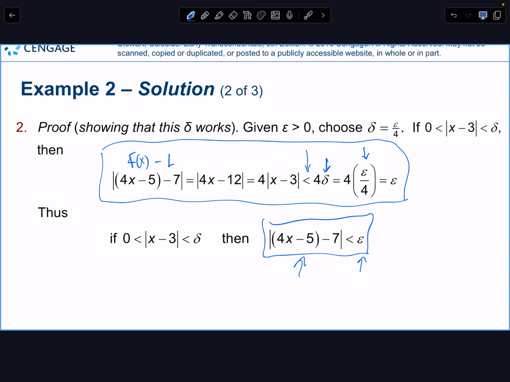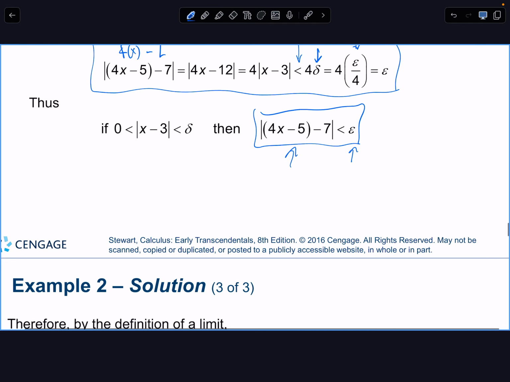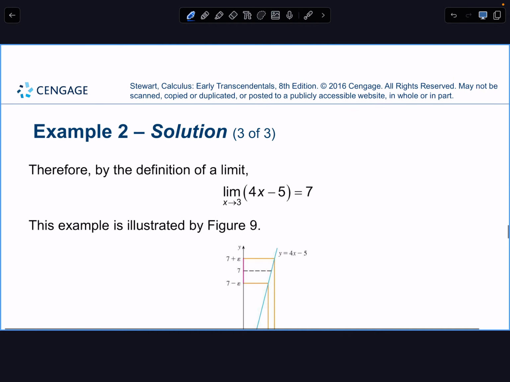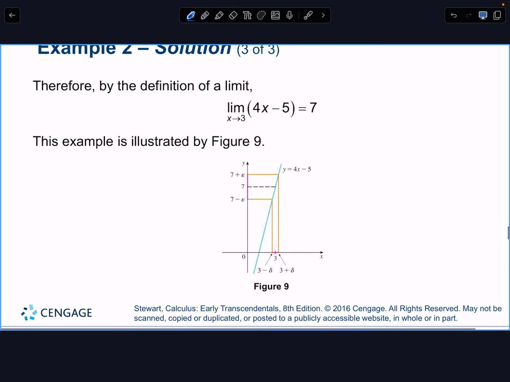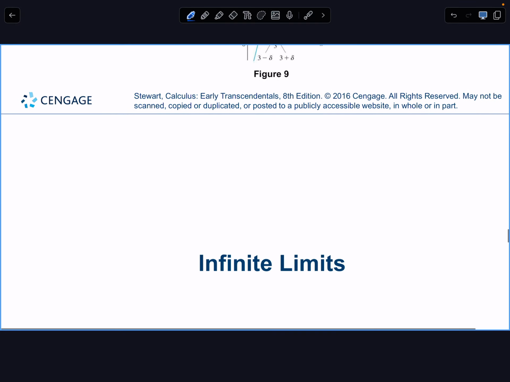But we use the fact that the absolute value of x minus 3 is less than delta along the way. I know it's a lot. And don't worry, we will have an example. It's just like learning a language, basically. You don't have to be a math major, but it's just a little taste of that.